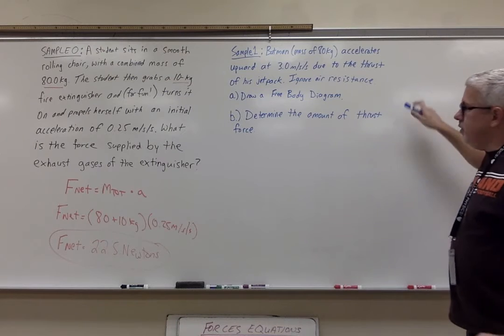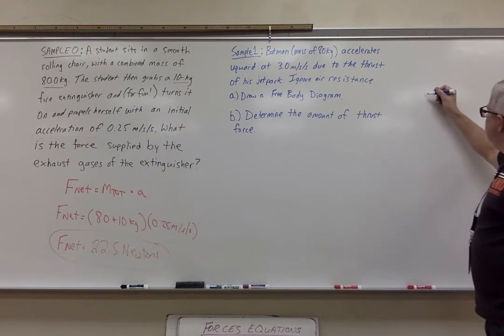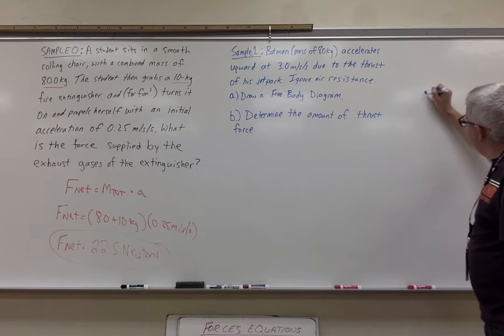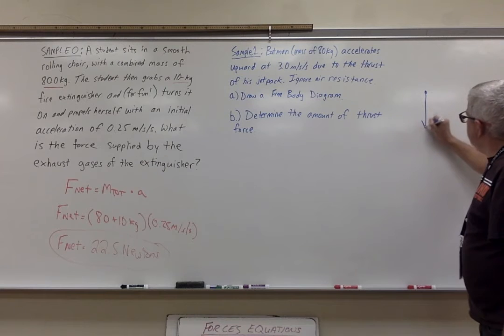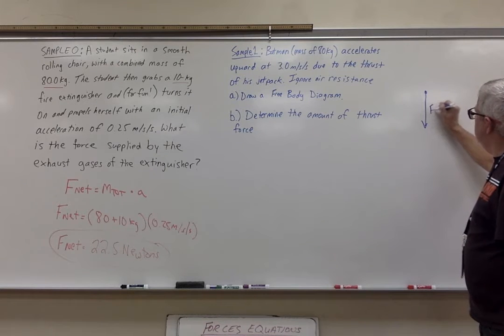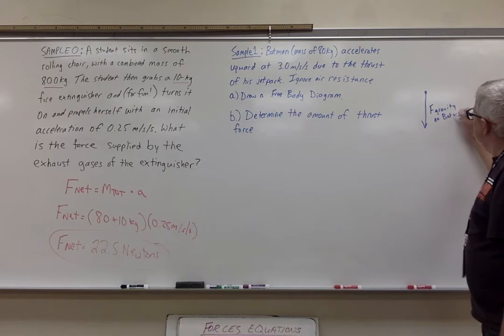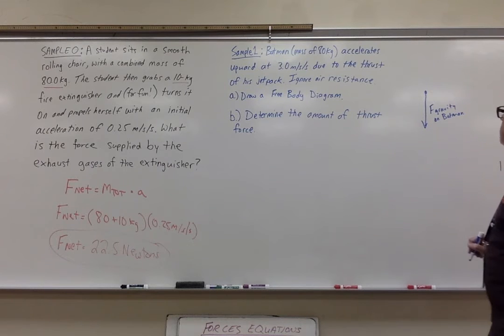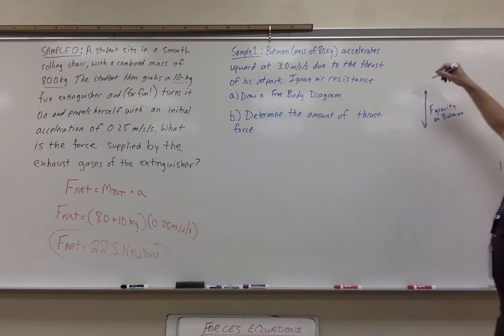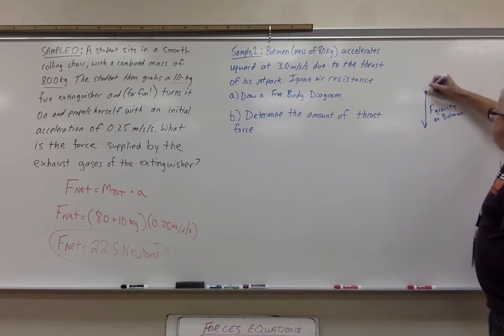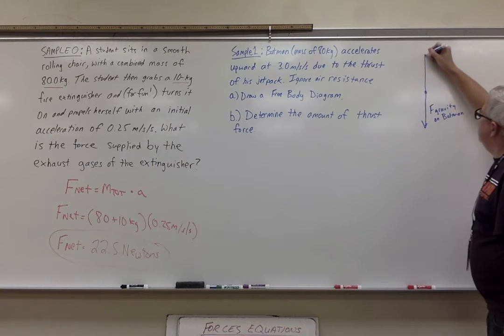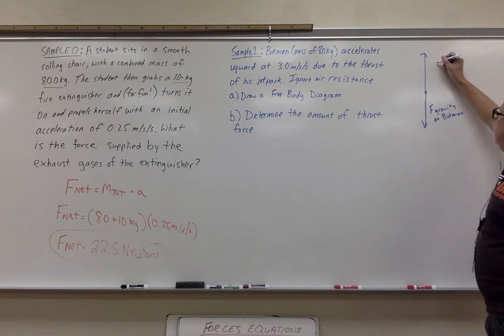And I'm going to draw that over here. So I've got the force of gravity downward on Batman. And we've got the thrust upward. Hopefully you realize that if the acceleration is upward, the thrust has to be greater than the force of gravity downward. So I'll draw that like that.